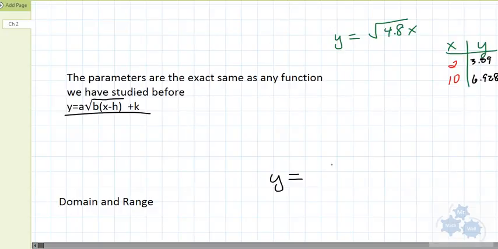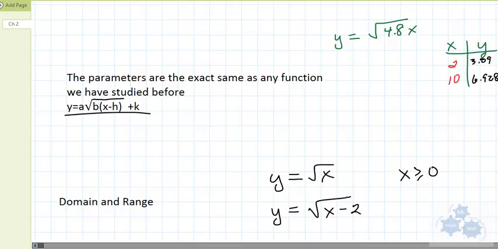If we have y equals the square root of x, x cannot be negative here, right? That presents a mathematical problem. So x has to be greater than or equal to 0. That's our domain. If you have something like this where h is altered, like x minus 2, right?